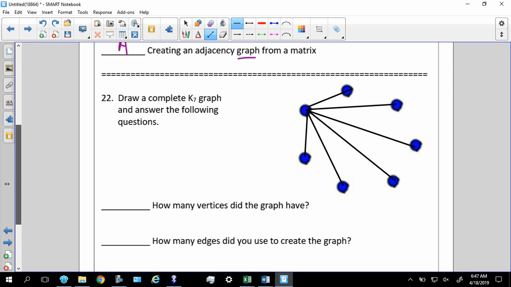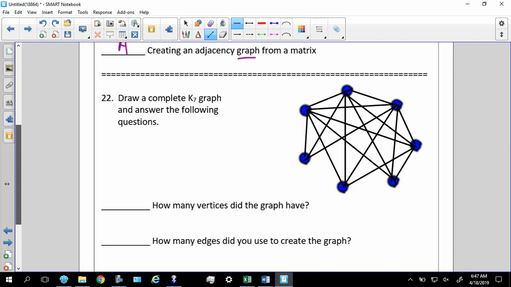I'm counting as I go because it's just going to be easier. 7, 8, 9, 10, 11, 12, 13, 14, 15, 16, 17, 18, 19, 20, and 21. 21 lines made that. Whew, that's a lot.